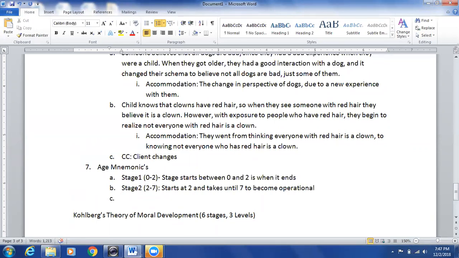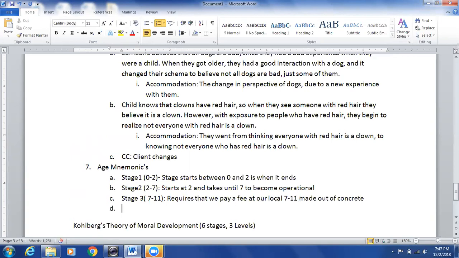And then stage 3, which is 7 to 11. It requires that we pay a fee at our local 7-Eleven made out of concrete. So remember, it's the concrete operational stage.